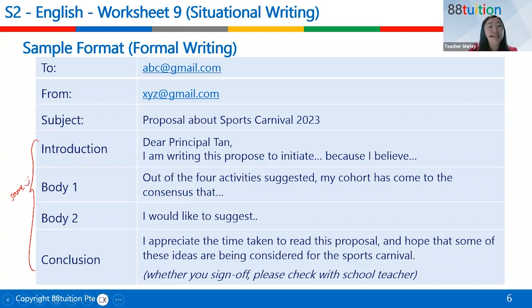Okay, but if you notice, the only difference is that for email, there will be a sender and recipient. So the recipient's email address. And of course, I also have the sender's email address.